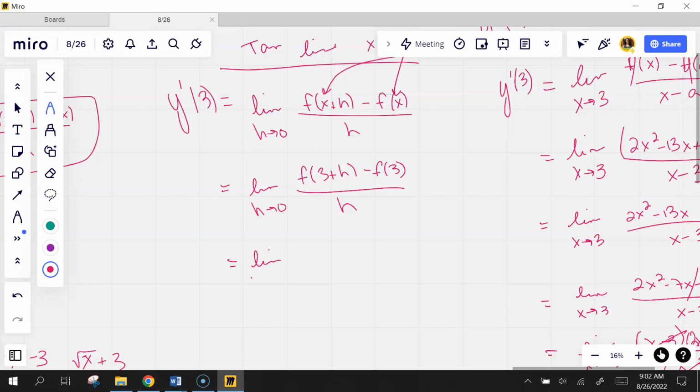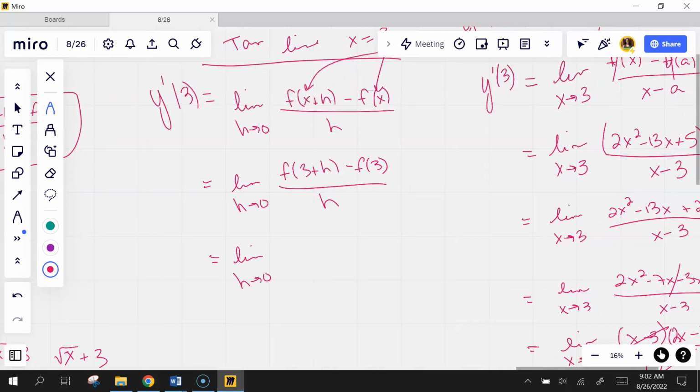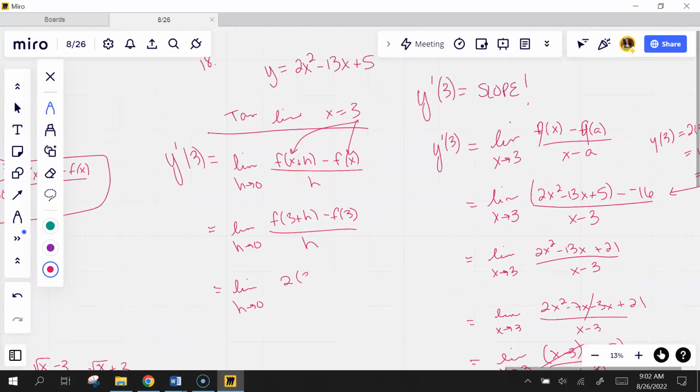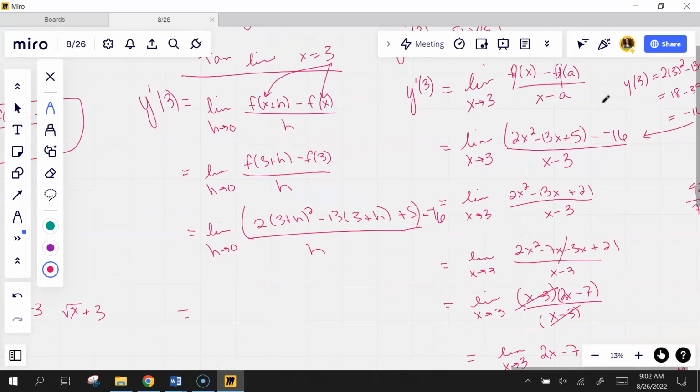So I get 2 times 3 plus h squared minus 13 times 3 plus h plus 5 plus 16. The alternate might have been easier on this one. Oh, I didn't even do minus 6. 9 plus 6h plus h squared minus 39 minus 13h plus 5 plus 16.